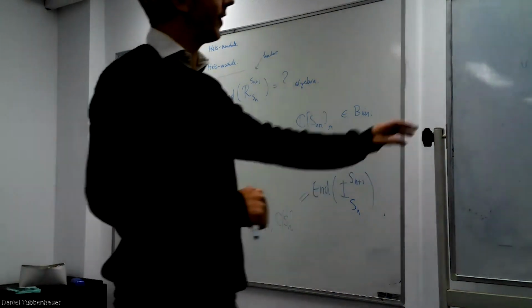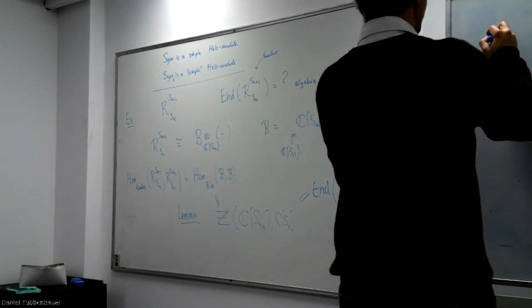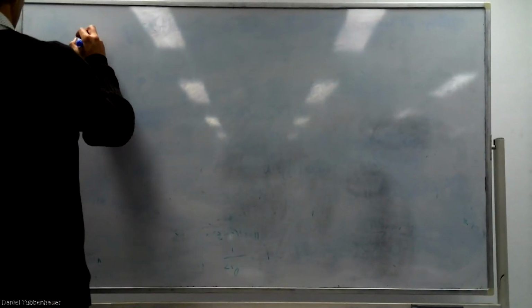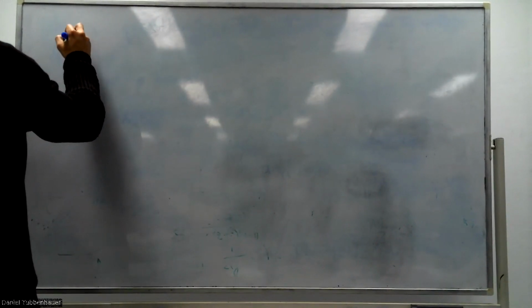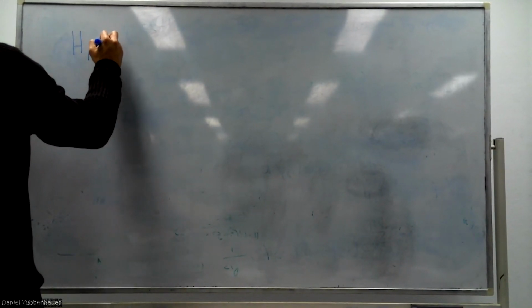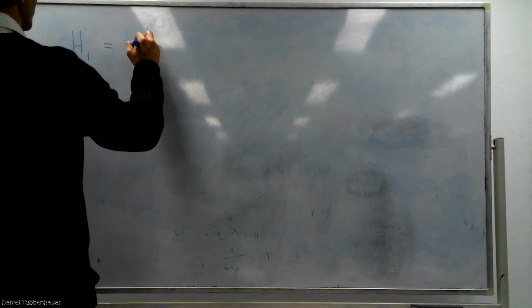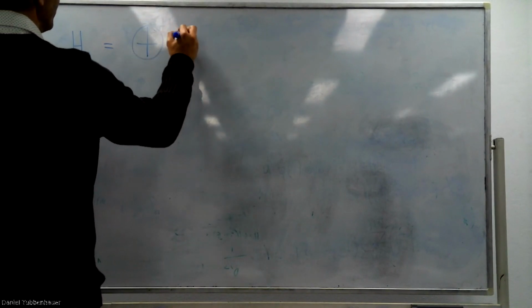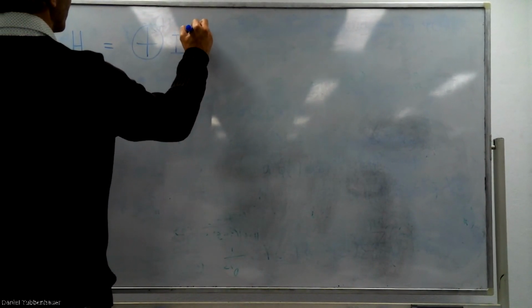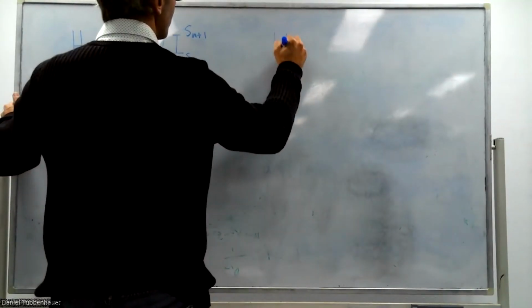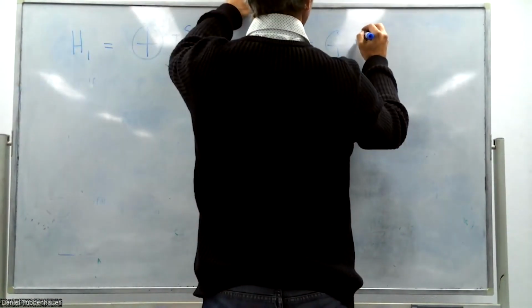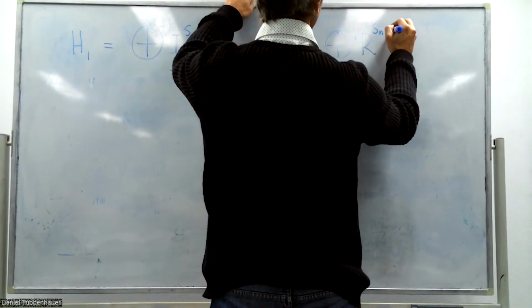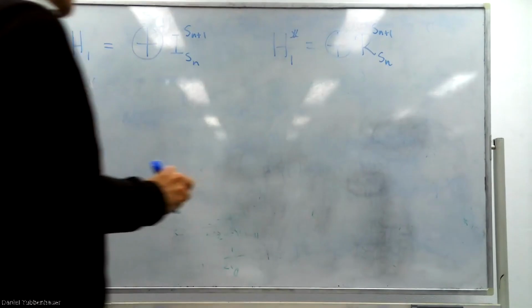And so what that tells us is that restriction... Remember that H1 was the direct sum of all the inductions from S_n to S_{n+1}. H1 star is the direct sum of restriction from S_{n+1} to S_n.